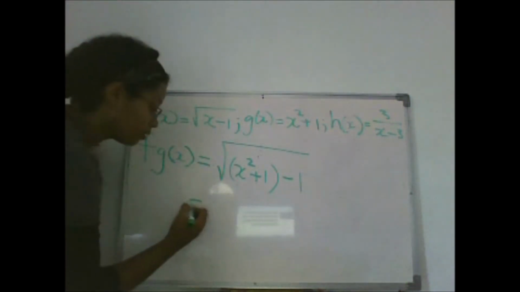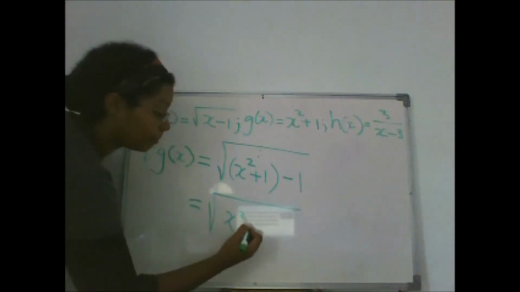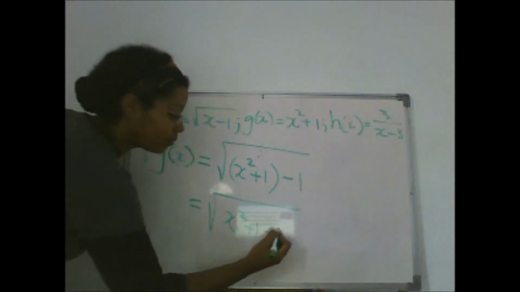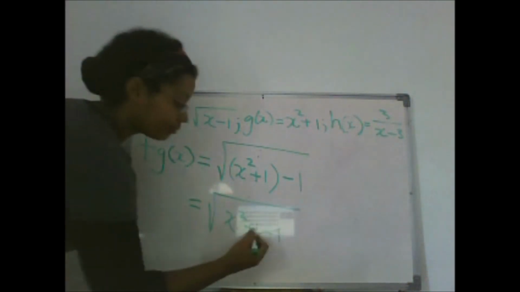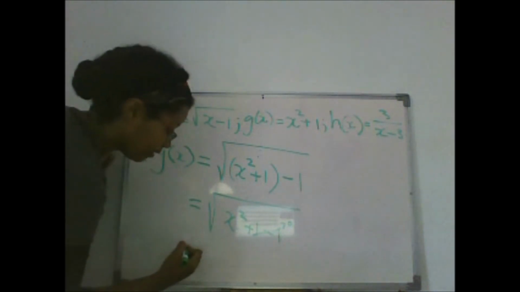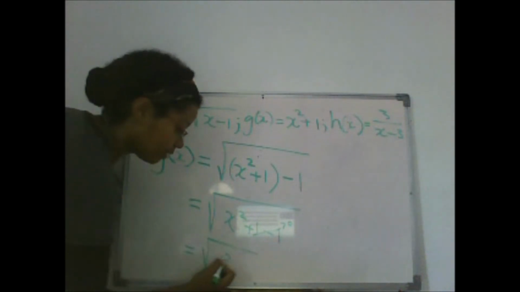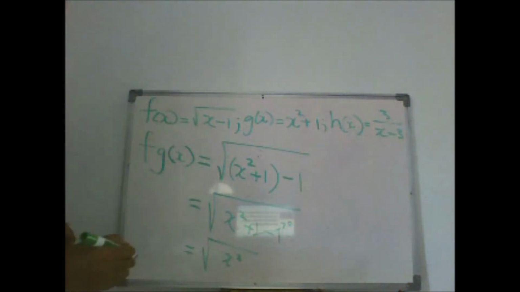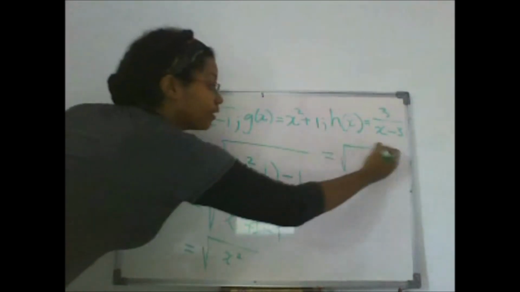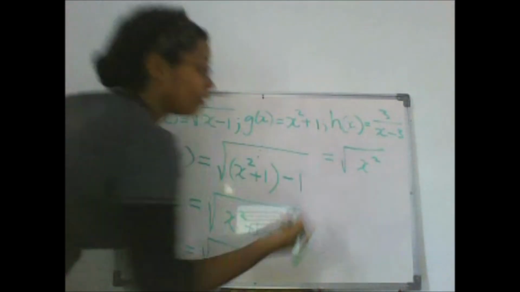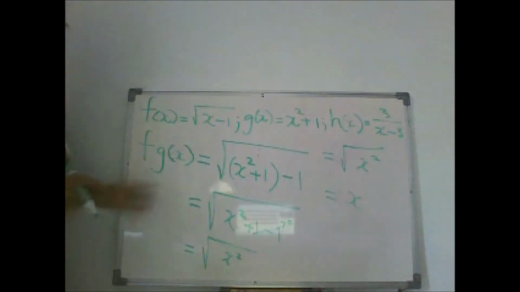So x squared plus 1 minus 1, and we know that 1 minus 1 gives us 0. So what we're left with here is x squared. And when we find the square root of x squared, we are left with x. If you can't see it, I'll put it somewhere else later.